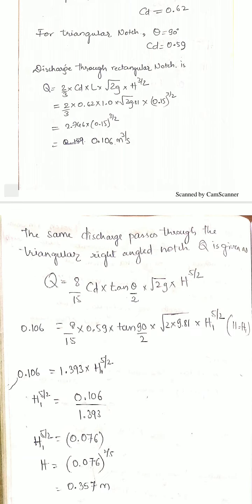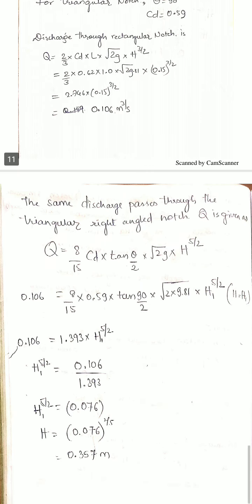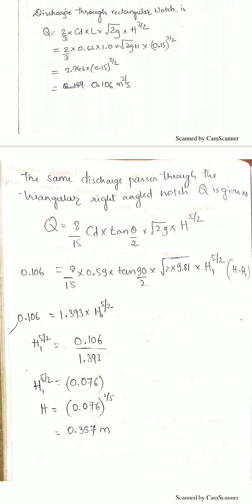The same discharge Q is used for the triangular right angle notch. For the triangular notch, Q equals 8/15 Cd into tan(theta/2) into square root of 2g into H to the power 5/2.